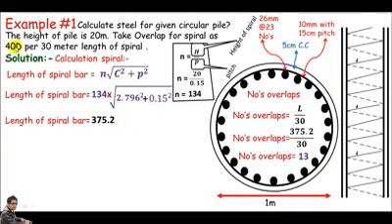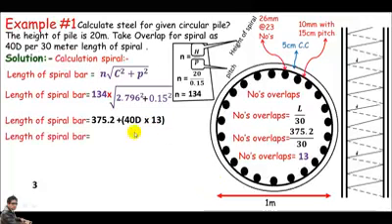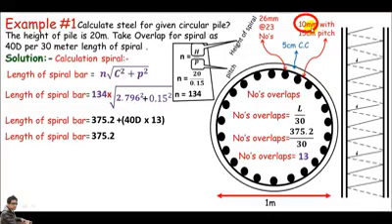Just look, the one overlap length is 40 diameters of the bar. I'll multiply this by 13 so I can get the length for all 13 overlaps. So plug in, the diameter of the bar is 10 mm, which is the diameter of the spiral bar, and 10 mm is 1 centimeter, or 0.01 meter.